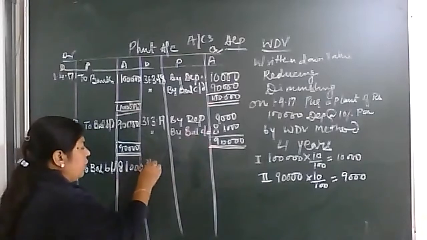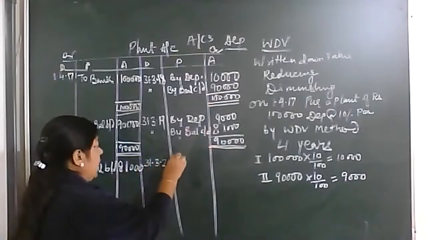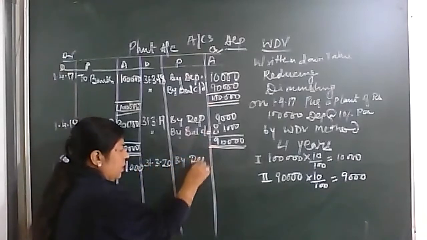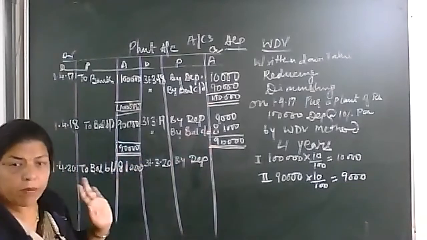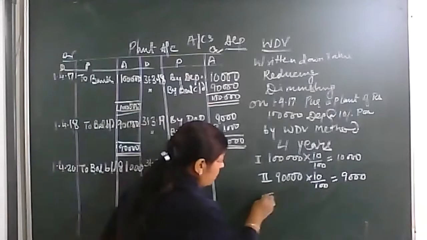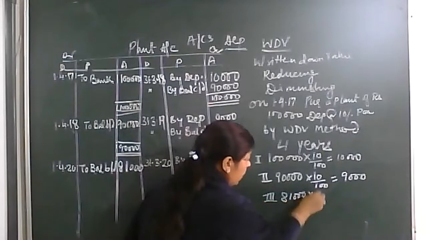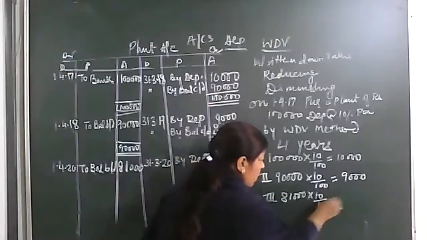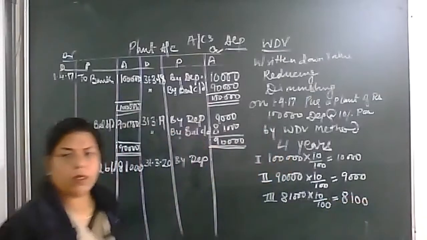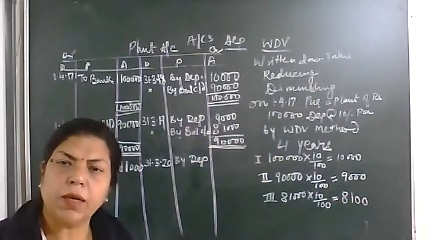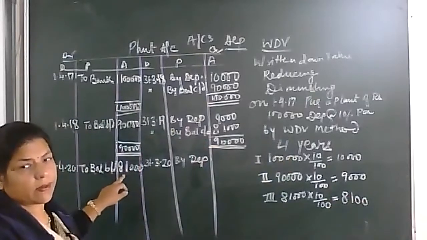Now the year 31st March 2020, by depreciation. This 81,000 rupees is the opening balance. So in the third year, 81,000 into 10 upon 100, that is 8,100 rupees. How does that 8,100 come? It is 10% of the opening balance.